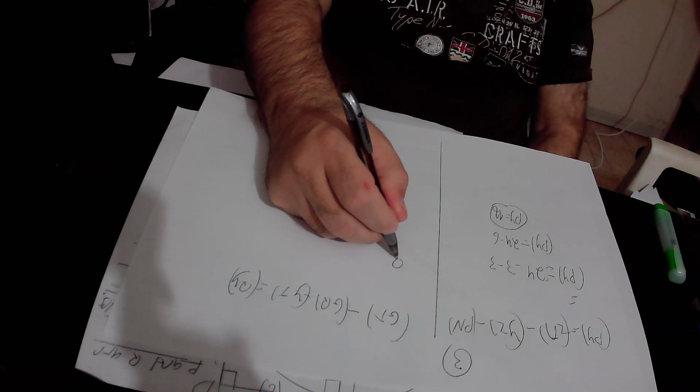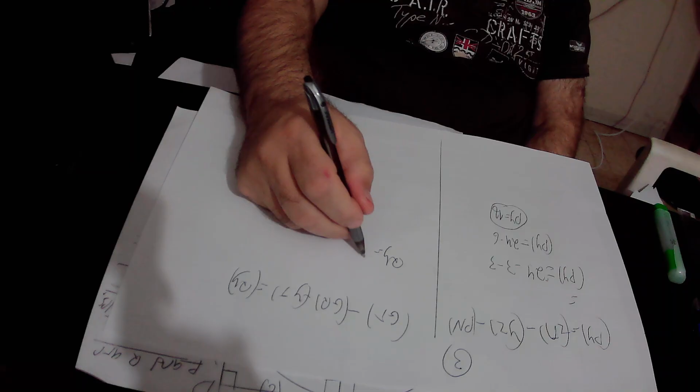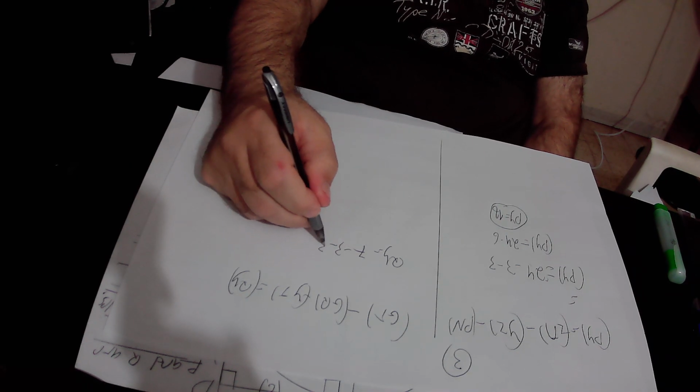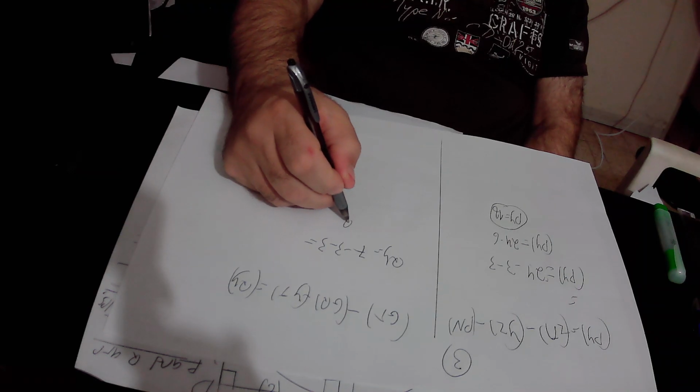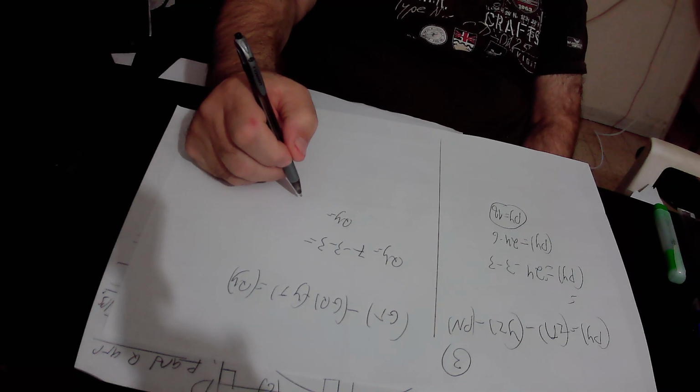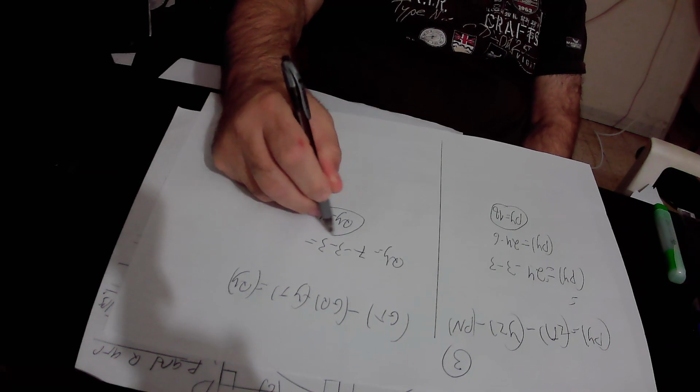So QY equals GT, that is 7, minus GQ, that is 3, minus YT, that is also 3. So QY in total equals 7 minus 3 minus 3, 7 minus 6, that is 1.